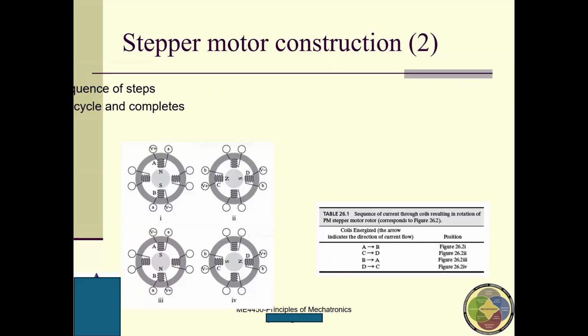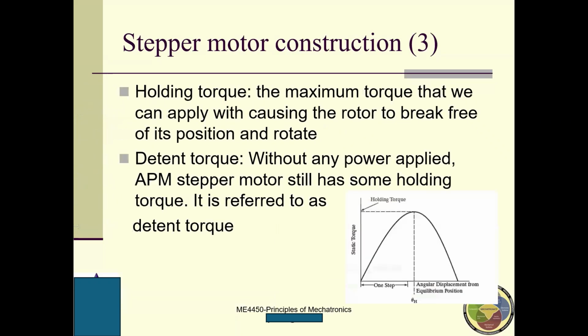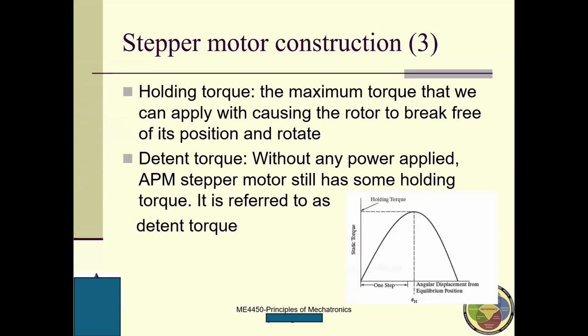No questions. And here are two different concepts. The holding torque is the maximum torque that we can apply without causing the rotor to break free of its position and rotate.